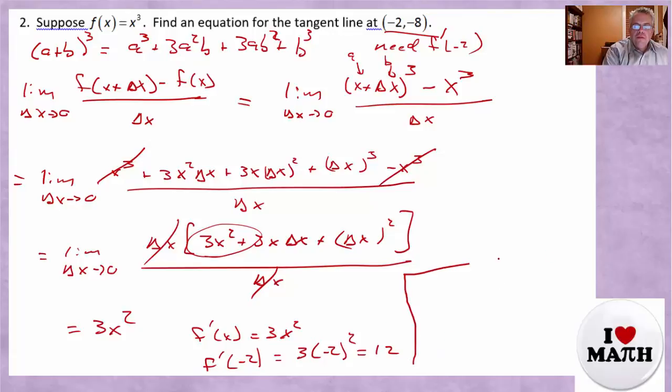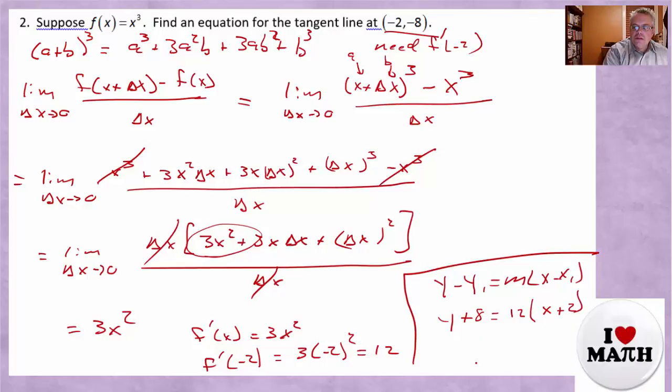All right, here we go. We're going to write the equation of the tangent line. So that's point slope form. Y minus -8, which is y plus 8, equals the slope, 12, times x minus x1. X minus -2 is the same as x plus 2.